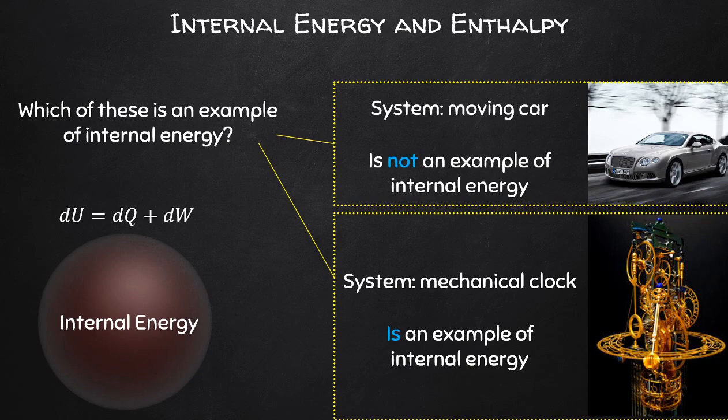Well, in general, internal energy deals with the molecules themselves, the internal constructs of the system. With the car, we see the kinetic energy moving the car along from some reference point, whereas the internal energy of the mechanical clock changes irrespective of our reference point, how we're looking at it. All right.